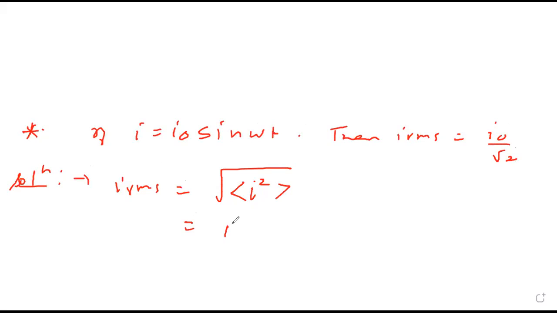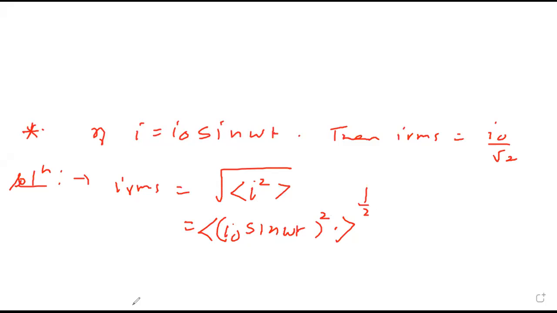So this is nothing but I0 sine omega t, which is I, इसका square, उसका mean और इसका root. Clear this much? I means I0 sine omega t square, उसका mean लेके फिर root लेना है.